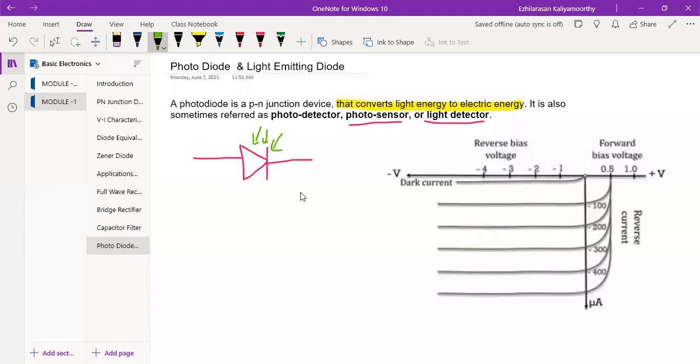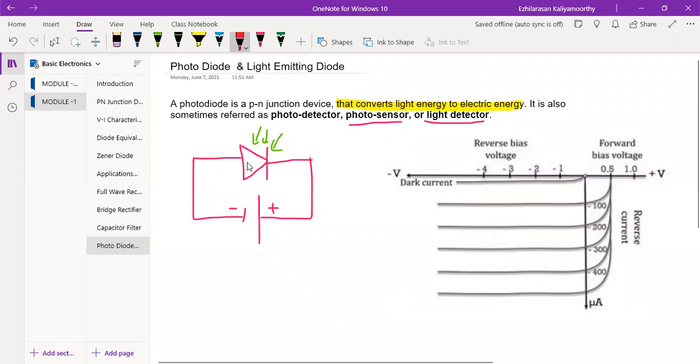But to operate this photodiode, you need to operate in reverse bias. That is nothing but you have to connect the P type to negative, N type to positive. So this is P type, this is N type.